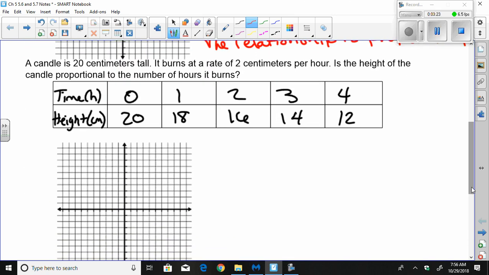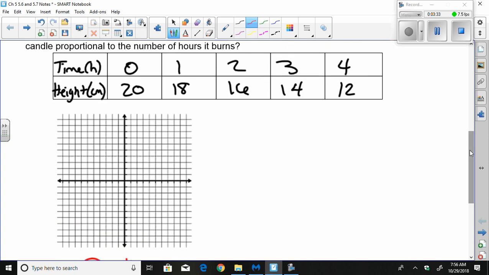A candle is 20 centimeters tall. It burns at a rate of 2 centimeters per hour. Is the height of the candle proportional to the number of hours it burns? So again, we have x and then y, and I think 2s would be appropriate on the y and 1s on the x. Okay, 20 up here.